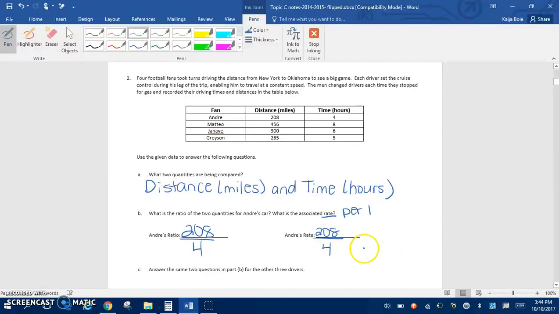Alright, so we need to simplify to get to 1 hour on the bottom. Okay, so that means we're going to divide them both by 4. And if you look in the calculator, 208 divided by 4 is 52. So Andre's rate is 52. And you can just put MPH for miles per hour. Okay?